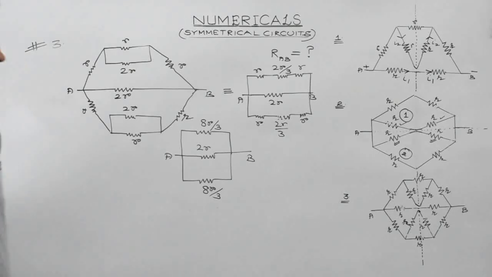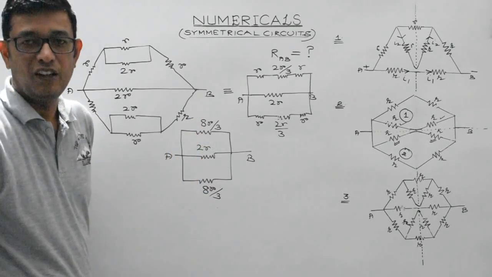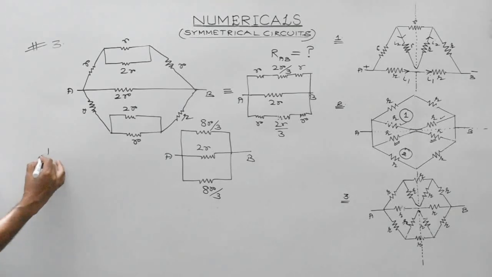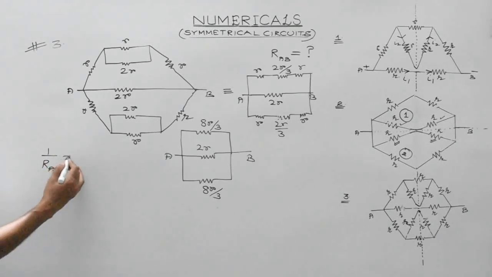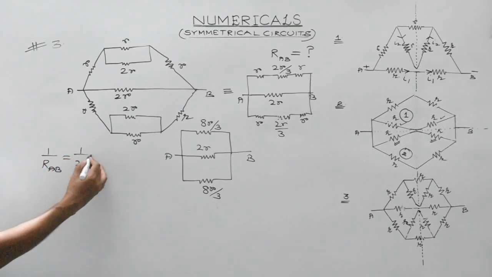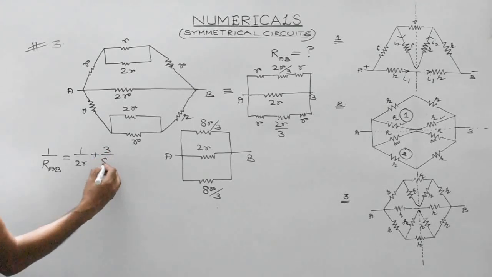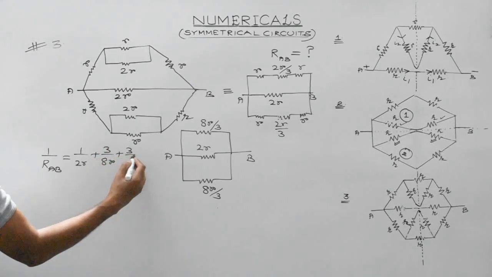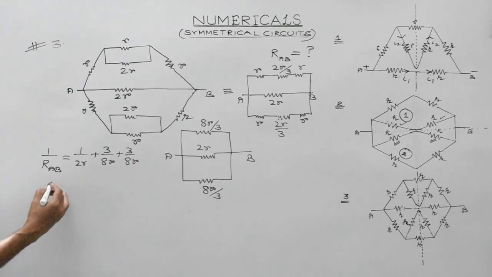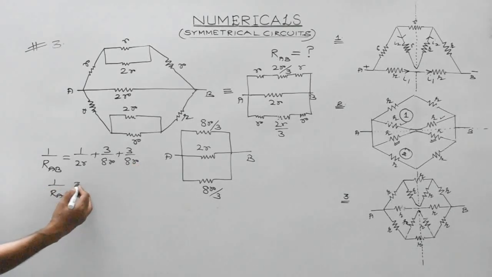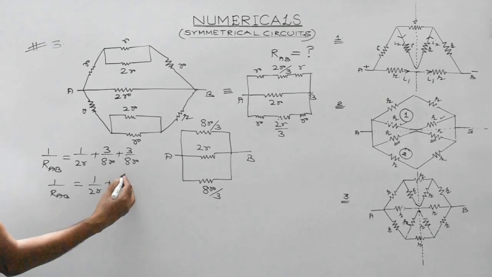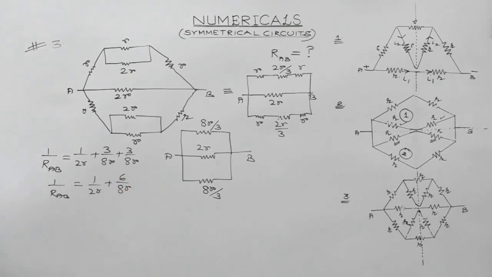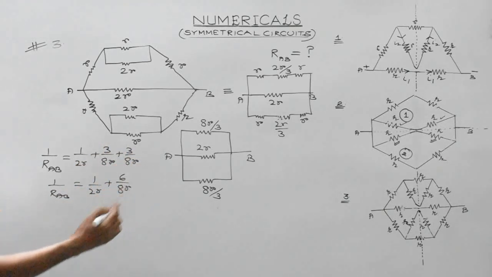Right, students? Now these three are connected in parallel, which we can easily get the result. So 1 by effective resistance will be equal to 1 by 2R plus 3 by 8R plus 3 by 8R. So what we get is 1 by 2R plus 6 by 8R. Okay, it will become twice of this.